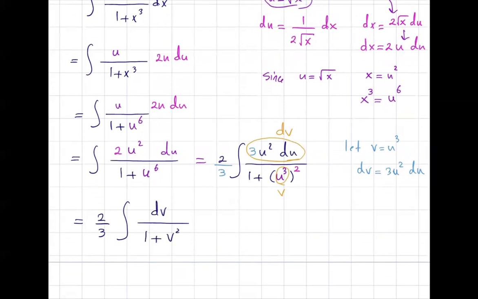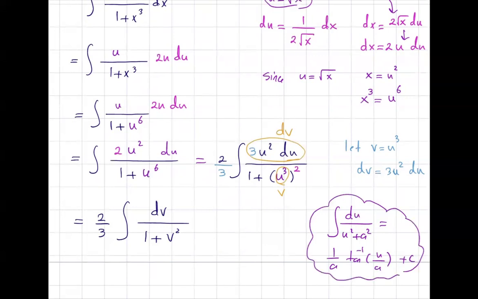But we are all familiar with this integral. The integral of dv divided by 1 plus v squared is similar to the integral of du divided by u squared plus a squared, which is 1 over a arctangent, or inverse tangent, of u over a plus constant of integration.